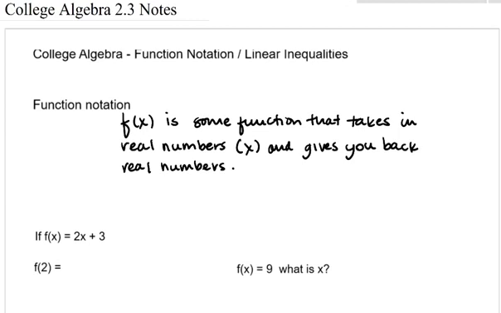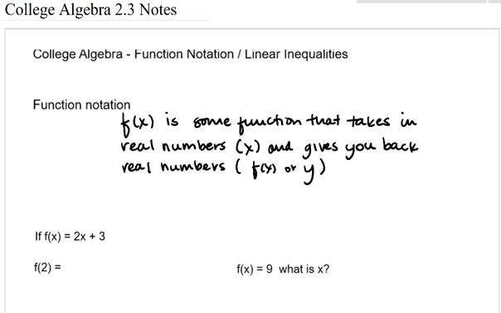Maybe if you take enough math classes later on in your life, you'll go to a course where functions will take in stuff other than real numbers and give you back stuff other than real numbers. For now, we're just talking about numbers. And these real numbers, that's what we denote f of x, or maybe sometimes just y.